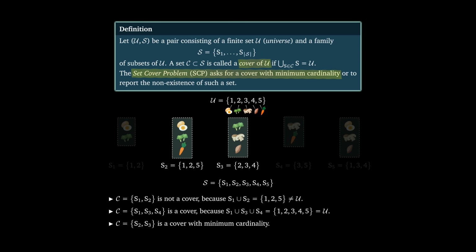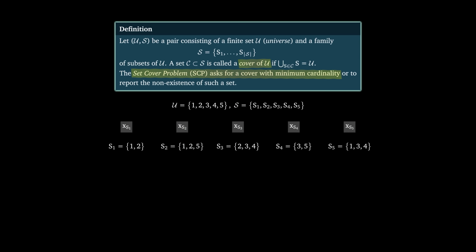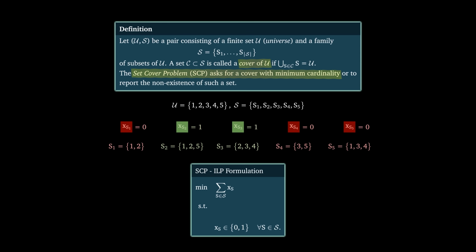Regarding this, we introduce a variable for each set Si in calligraphic S, denoted by xSi, which can only be 0 or 1. The idea is that if the binary variable xSi is equal to 1, then the set Si is included in the cover, and if it is equal to 0, then it is not. The objective to minimize is then simply the sum over all these binary variables, as we want to select as few sets as possible.